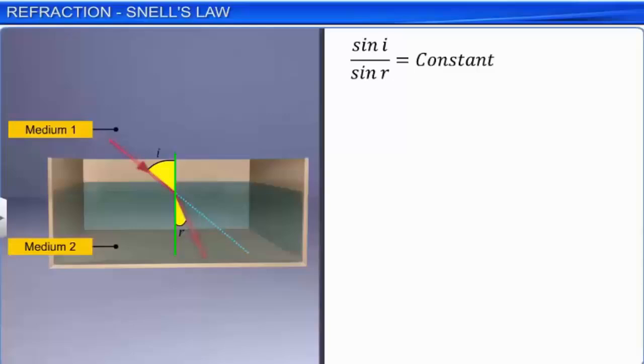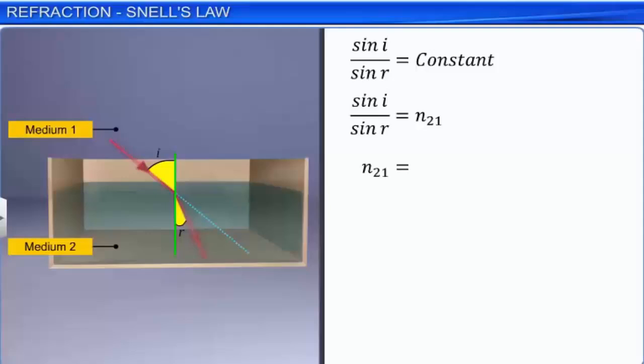N21 is a characteristic of the pair of media for a given wavelength of light and is equal to the ratio of the speed of light in medium 1, V1, to the speed of light in medium 2, V2. Let this be equation 2.